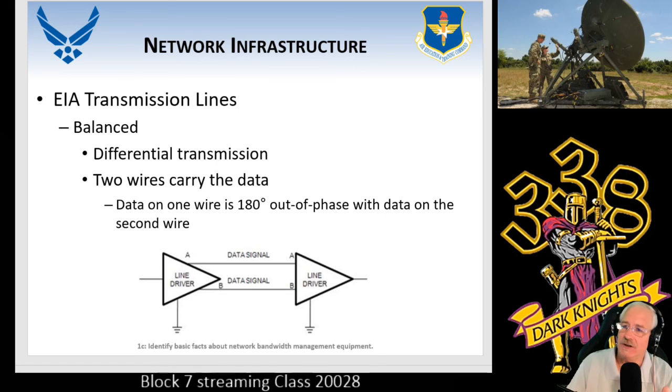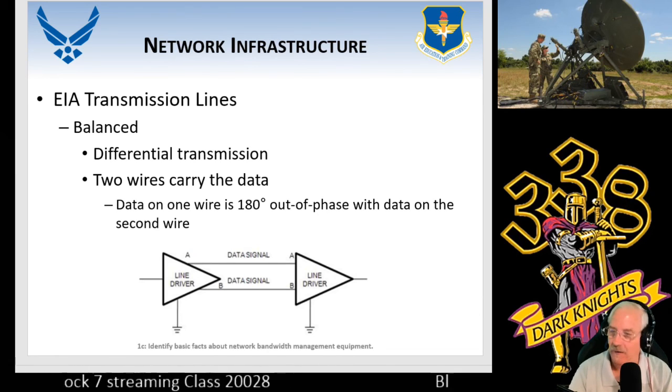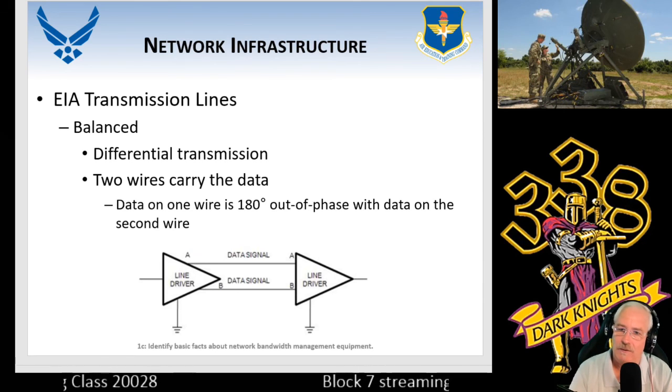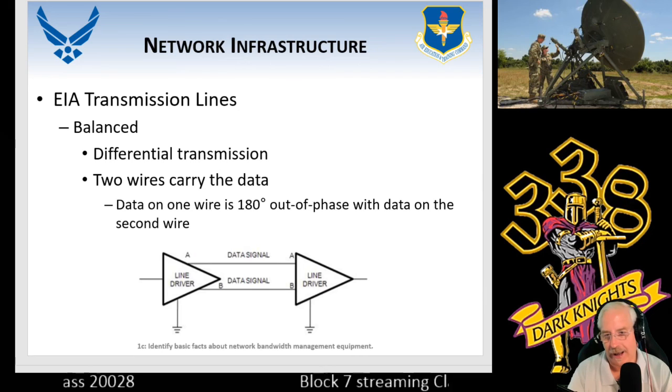So when it gets to the distant end, it puts it back together, and because all your transmission lines generate noise, depending on how far it is with twisted pair, when you put it together at the distant end, you fold the other one back on itself and it's able to cancel the noise out. Now, how does that work?